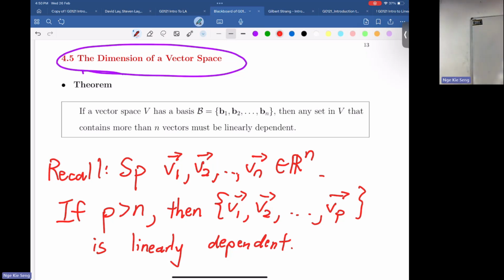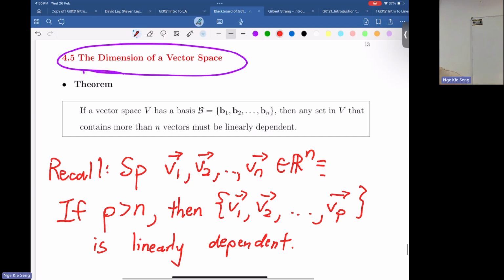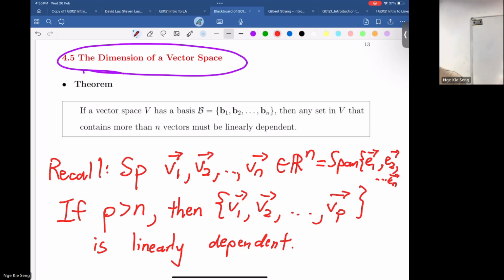So actually, this theorem is a part of this big theorem here. If the vector space has a basis B1 up to Bn, why? Because in Rn, what's the basis here? This is the span of the standard basis E1, E2 up to En. But if you have more than n vectors, it must be linearly dependent.